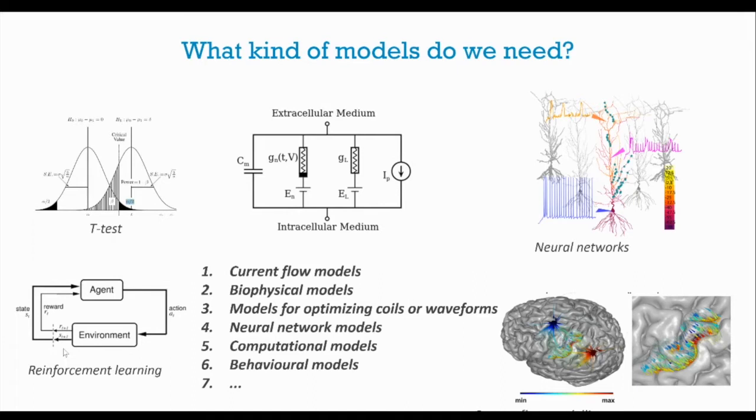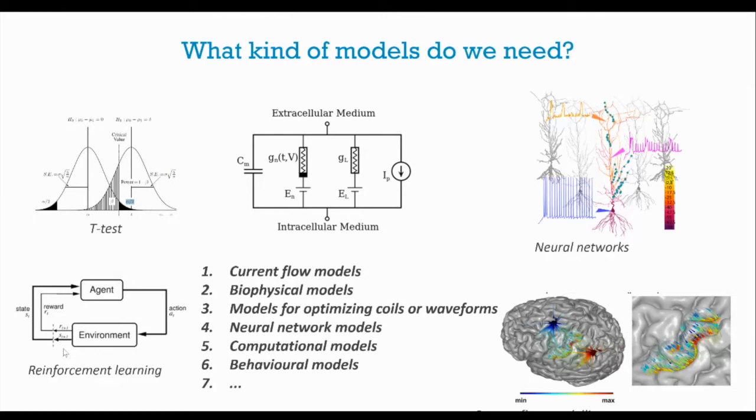There's a lot of development on that, and biophysical models to optimize the waveforms of TMS. Then there is work on these neural networks we are interested in, on what happens to the computations carried out in these networks, and then perhaps even more challenging, when we change these computations.